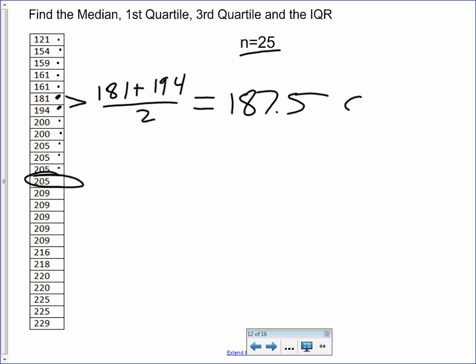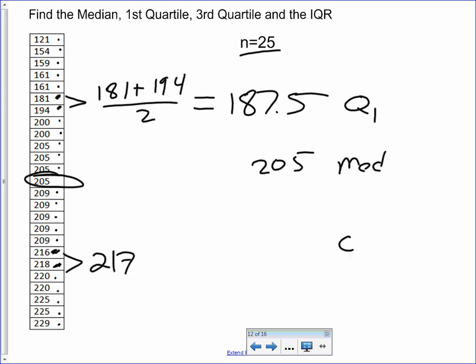So this is quartile 1. The median we said was 205. And so we do the same thing. 1, 2. So we're going to average those, and we'll get 217. I can do that one in my head. So Q3 is 217.